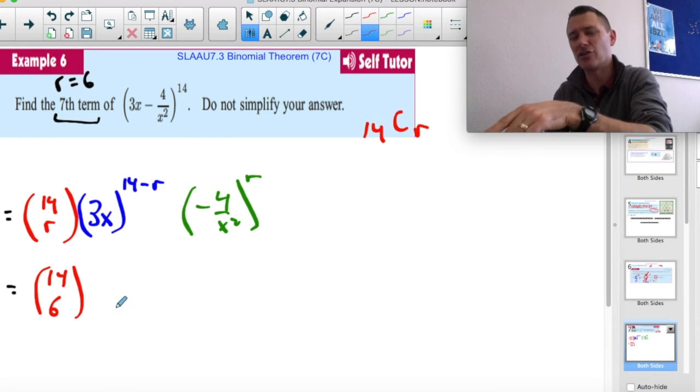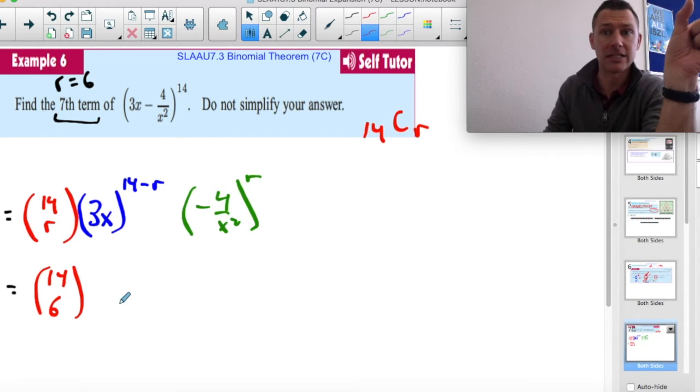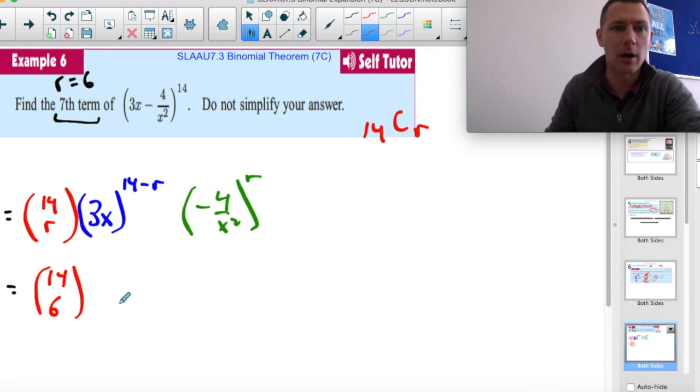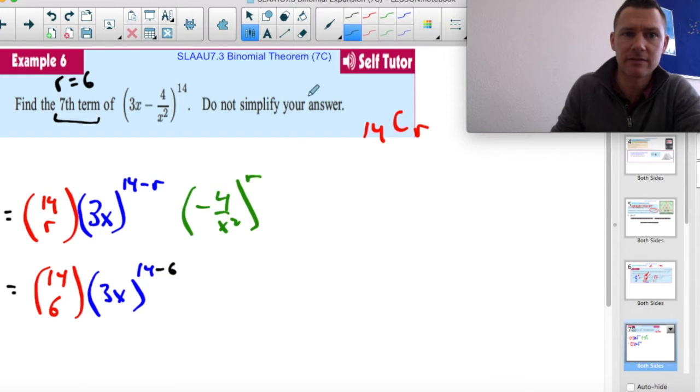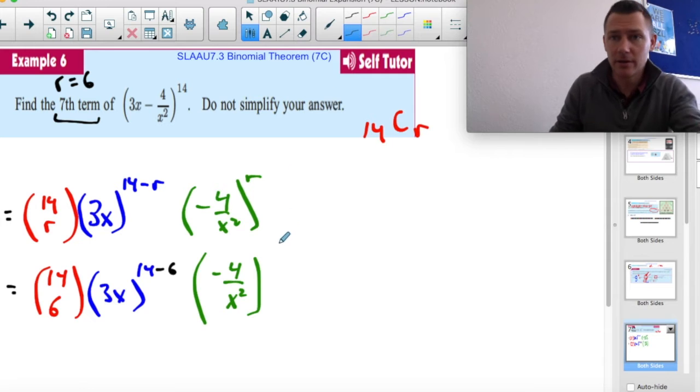There's been 6 changes in the 14 or in the 0 exponent to get up to there. This 3x is going to start at 14, and then to get to the 7th term, it's going to change 6 times. So minus 6. And then this negative 4 is going to start at 0 and go up 6 times. So it's going to be to the 6th.